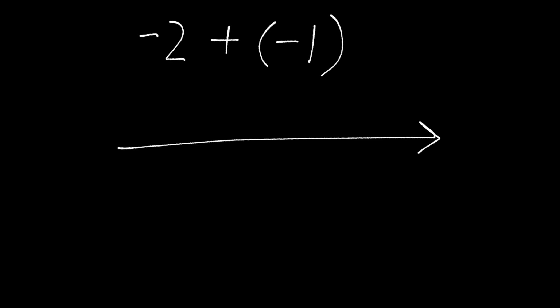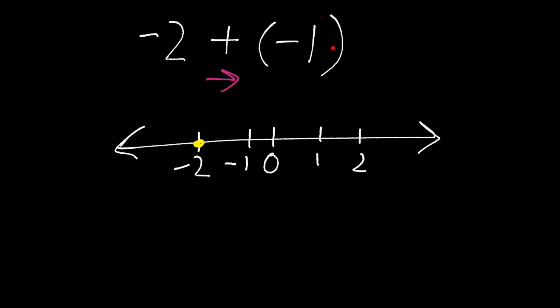Where it can get a little confusing is when we have something like this. Let's say I have negative 2 plus a negative 1. If I have my number line, I'm going to have a little bit of conflicting information here. So let's get our negative 1 and our negative 2, and our 1 and our 2 there. We still start at negative 2. The addition makes us think we want to move to the right. But here's the problem.